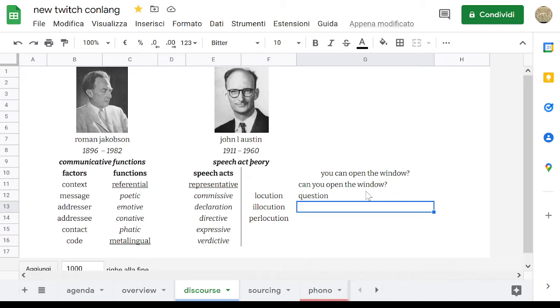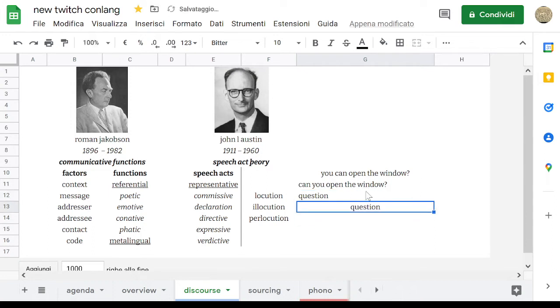So how do you want the speech act to be understood? If I say, can you open the window, I might be genuinely asking a question. Are you capable of opening the window? Maybe I haven't met you in person. I don't know whether that's something you're strong enough to do. I don't know how strong your arms are or something. So I could be genuinely asking a question.